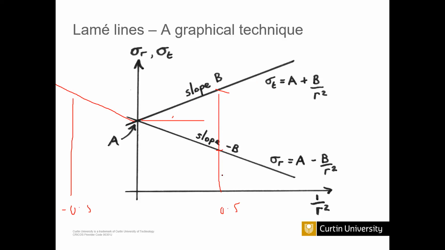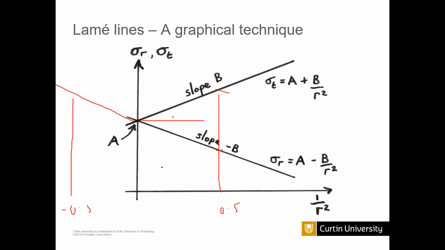The importance of this Lame technique: normally if you have the equation, you need to substitute into that equation and find the sigma t and sigma r. With this graphical method, you don't need to substitute into any equation. After you plot the curve, at any r value you can easily read the y coordinate, the stress value.